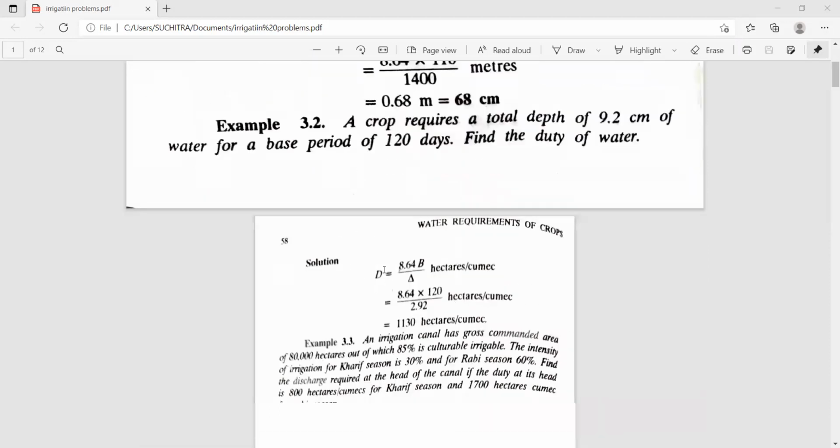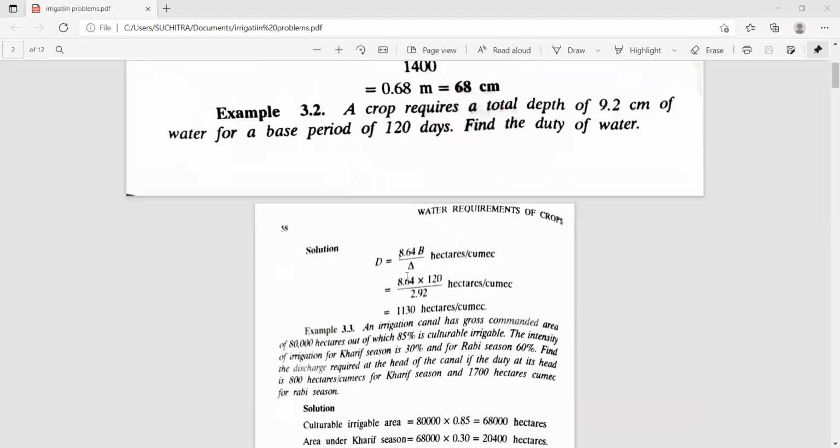Duty is equal to 8.64 B by D. The base period is 120 days and the delta is, I think, 29.2 centimeters. There is a printing mistake here; it might be 29.2 centimeters. On substitution, you get the duty in hectares per cubic. These two are very simple problems wherein we use the relationship between duty and delta.